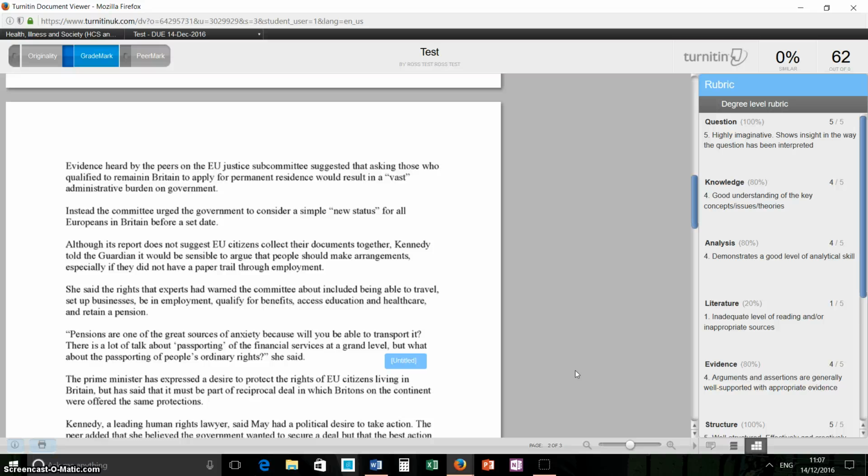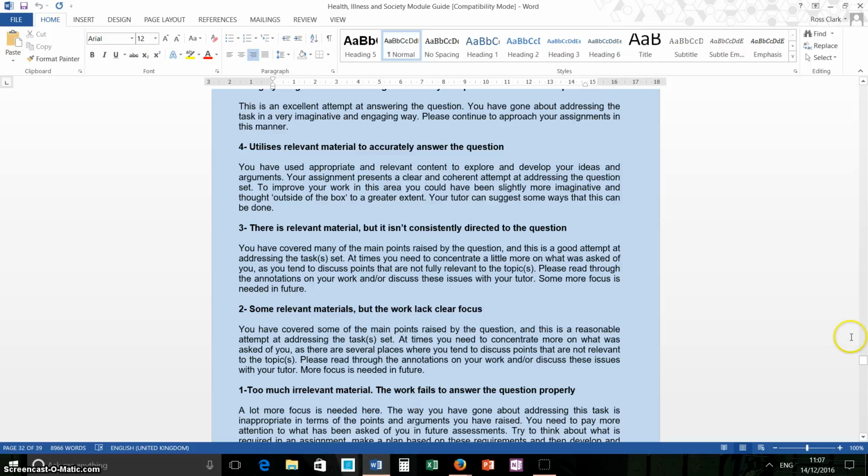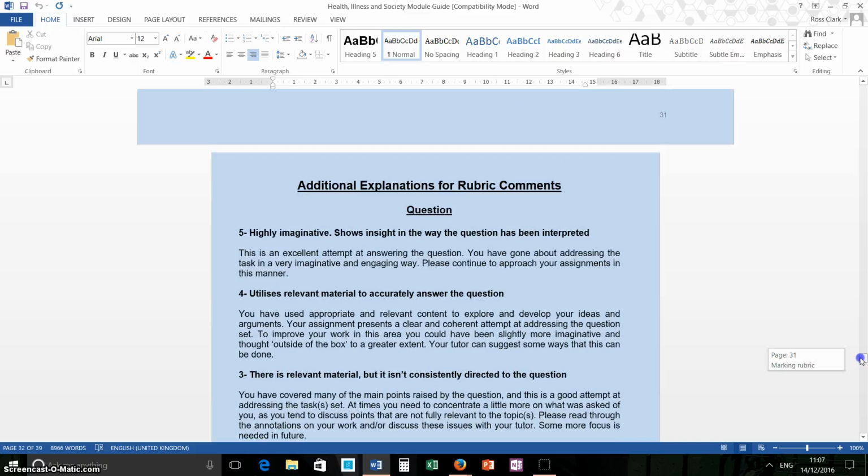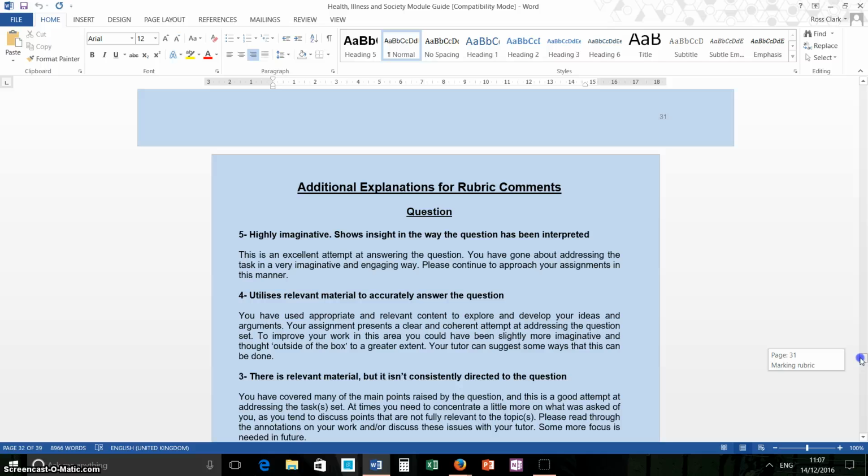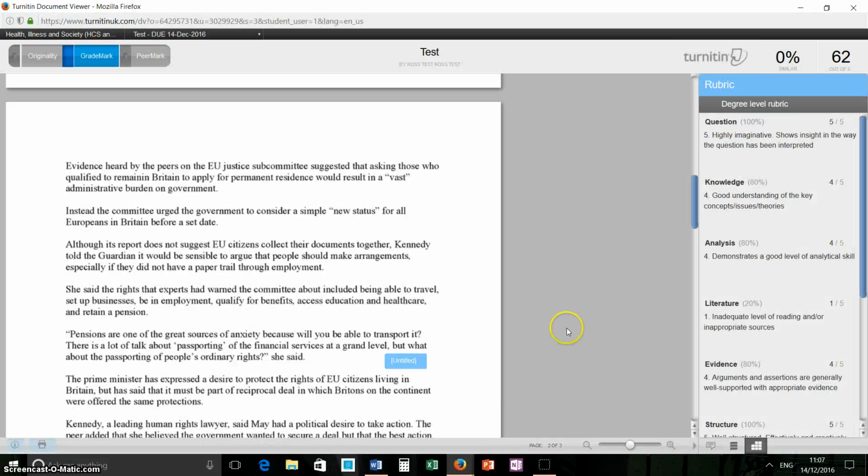Now what is very important here on your degree is, in your module handbook, and I'm looking at the health, illness and society one here, on page 32 to 39, so page 32 to 39, for each one of your areas that I'm looking to grade you on, there are additional explanations.